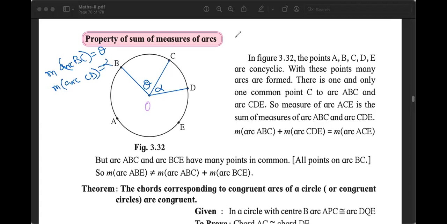If I ask you what will be the measure of arc BCD, what will be the measure?